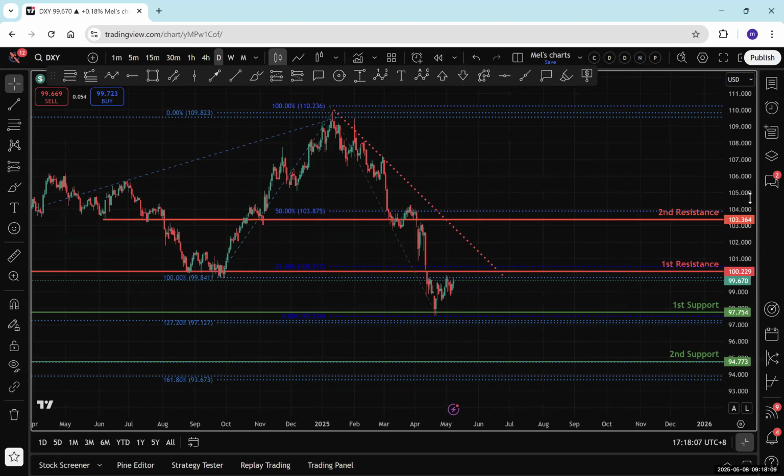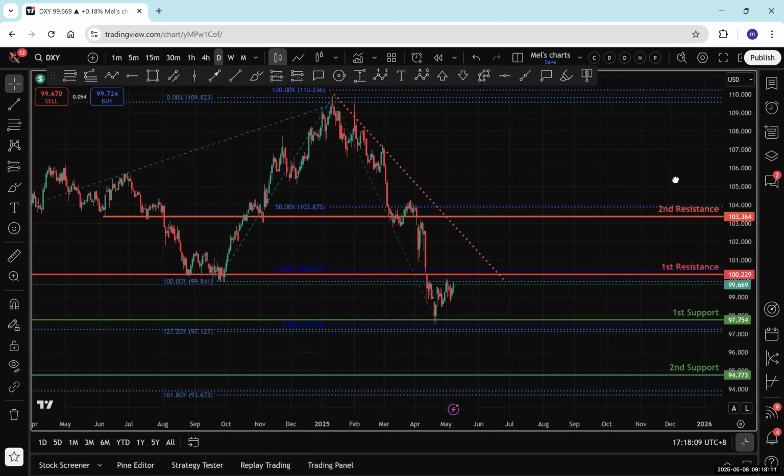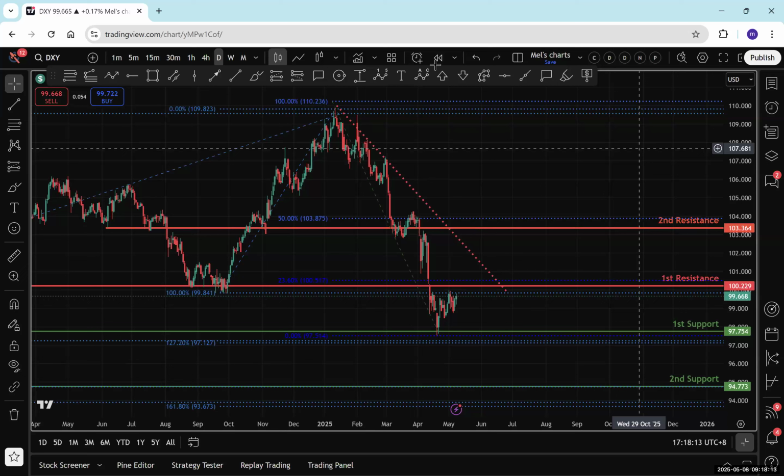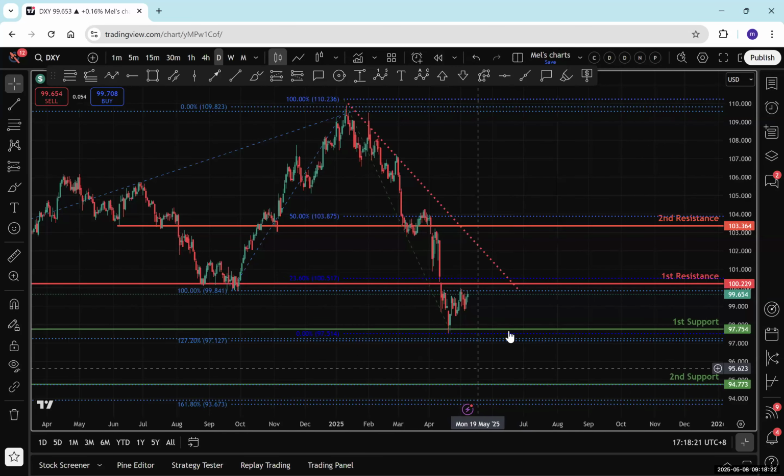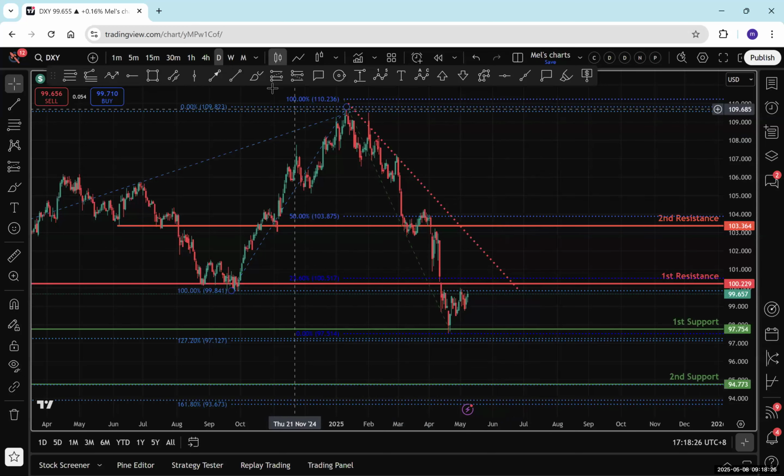So with regard to any central bank announcements, tariff announcements, that of course has the possibility to change the trend, okay? But for now, I'm just purely looking at our technicals.